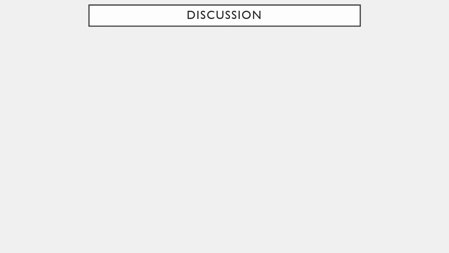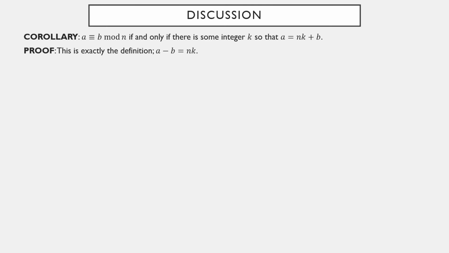So let's discuss what we've established in this brief introduction to congruence modulo n. First, a is equivalent to b modulo n if and only if I can write a is equal to n times something, a multiple of n, plus b. Well, this is exactly the definition that n is a factor of the difference, a minus b.